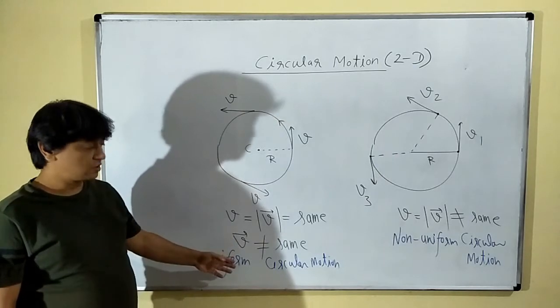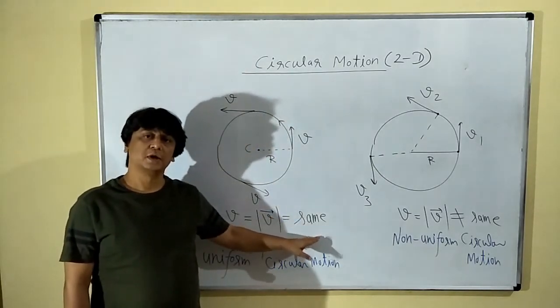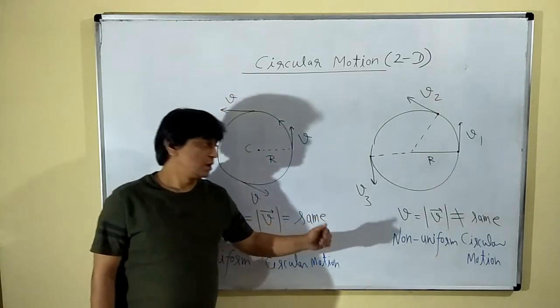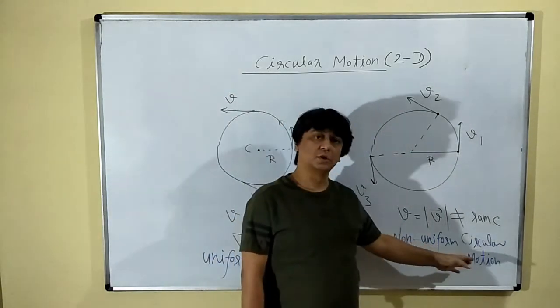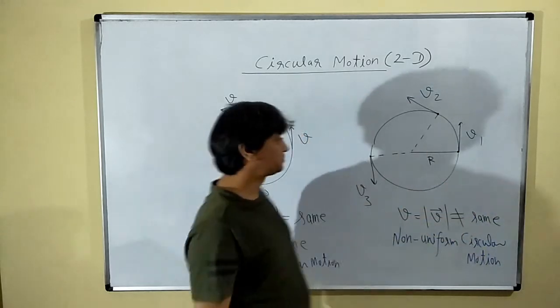In uniform circular motion, speed remains the same and direction always changes. In non-uniform circular motion, even the speed is not the same. Direction was already changing.